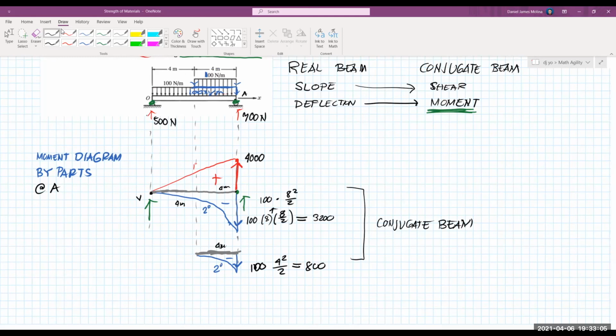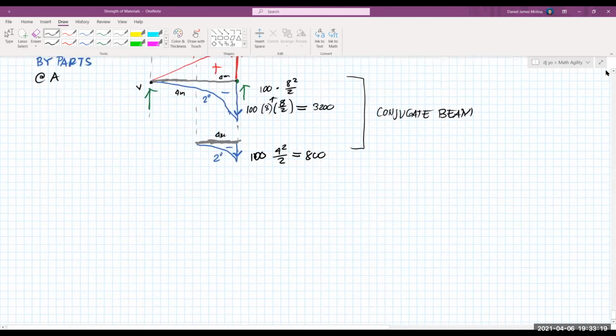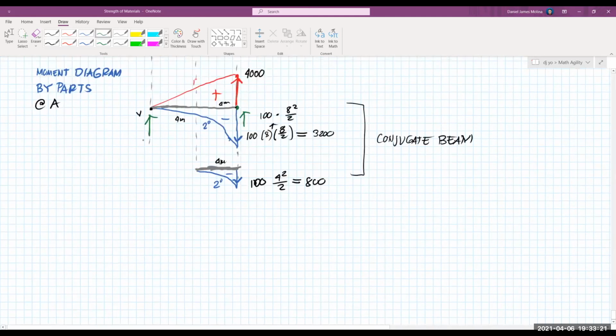But since it will be harder for us to solve for some of the deflections if we attach this one to the conjugate beam, we'll just separate it here. So before solving for our maximum deflection, let us first determine the reaction at A on our conjugate beam.